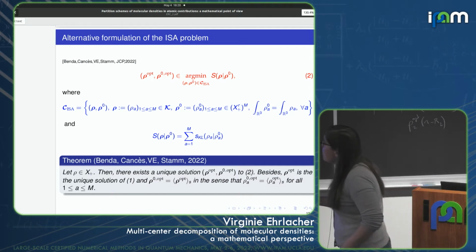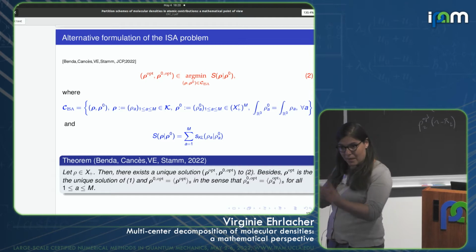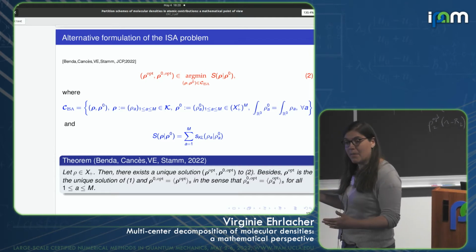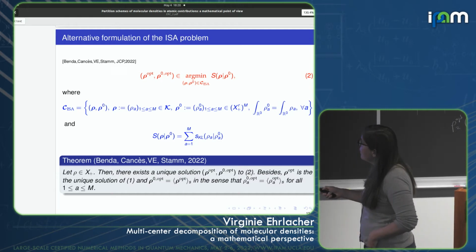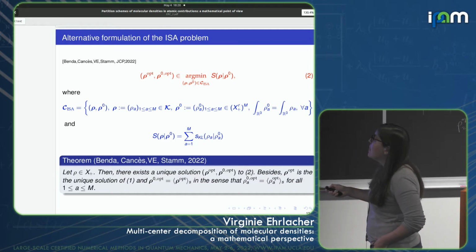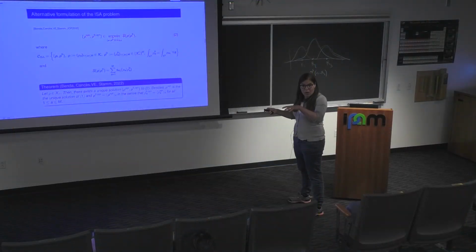What you can show is that you can express the solution of the ISA minimization problem by considering this other minimization problem, which consists in finding the optimal set of local atomic radially symmetric densities, denoted here by rho 0 opt, that minimizes some functional, denoted by big S of rho 0, over a set of couples rho, rho 0 that belongs to this set here.